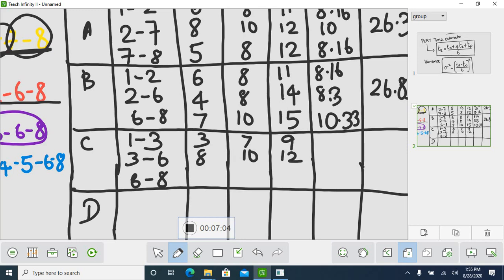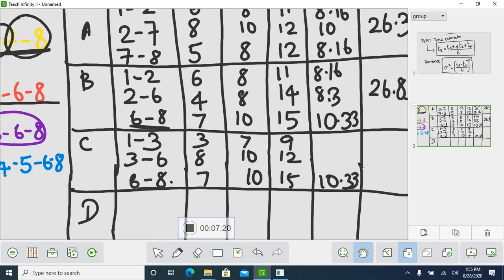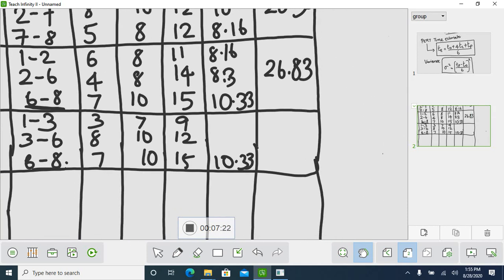Next, for 6 to 8, we have already seen it in path B. So the same thing: 7, 10, 15, that is 10.33. Next, calculate the expected time for the 1 to 3 and 3 to 6 activities.